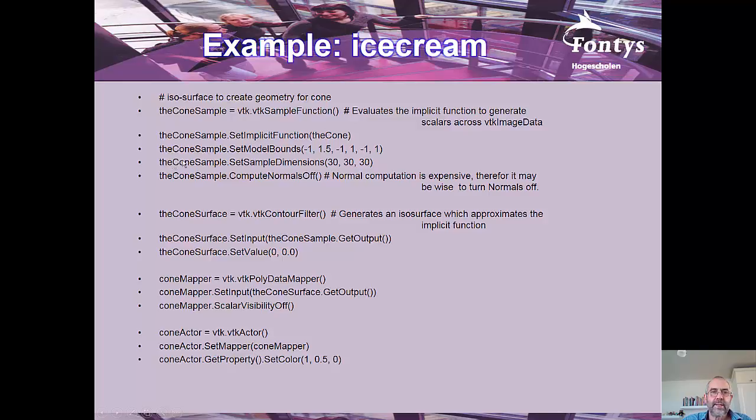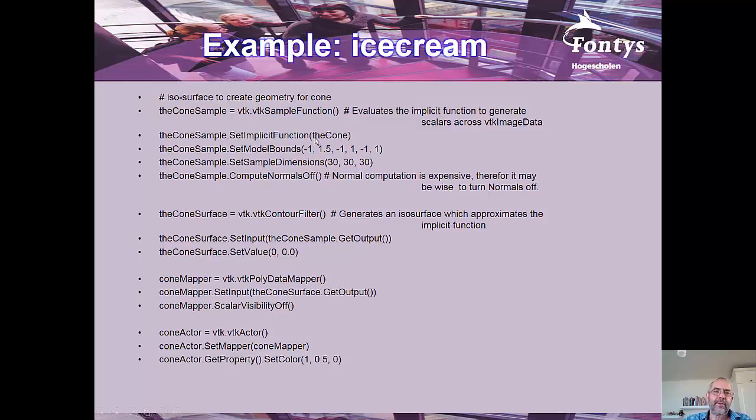And then we use that cone in this sample function. Remember, the cone is still an implicit function. It's a function, it does not define points or whatever. And we have to say we are interested in all the points where this function has a certain value. And that's what we are trying to do here.